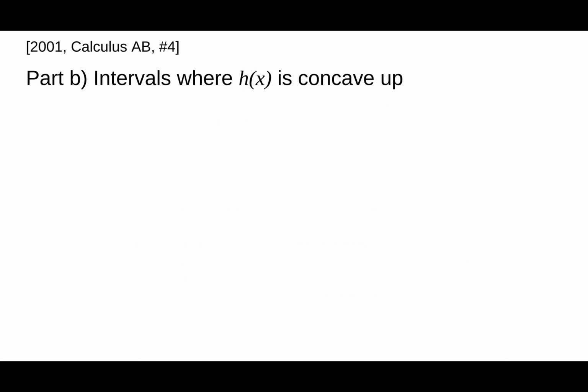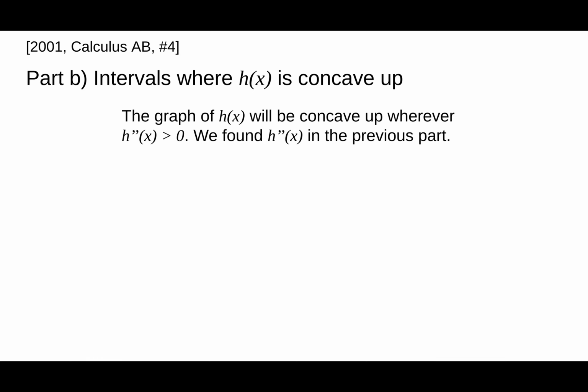In part B, we are asked to determine intervals where h of x is concave up. In order to do this, we have to understand how we determine whether or not h will be concave up. H will be concave up whenever the second derivative of h is positive.